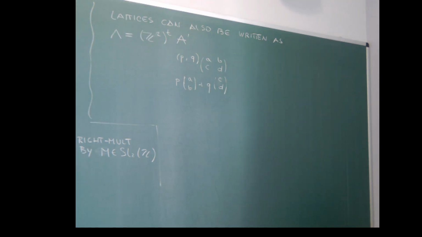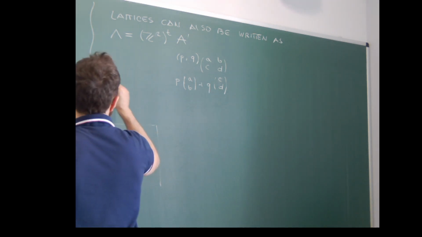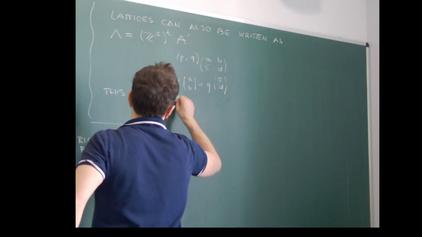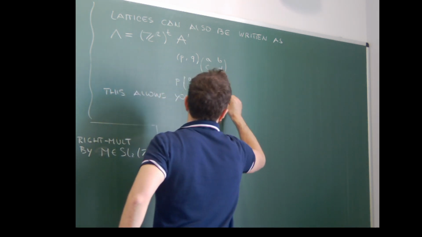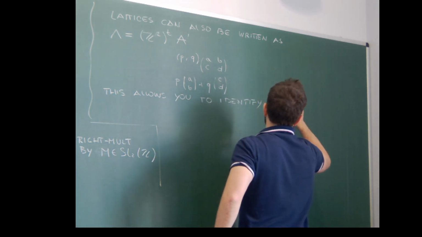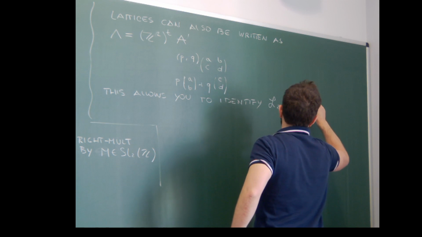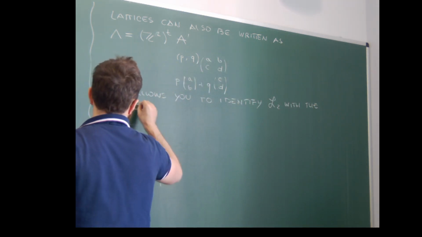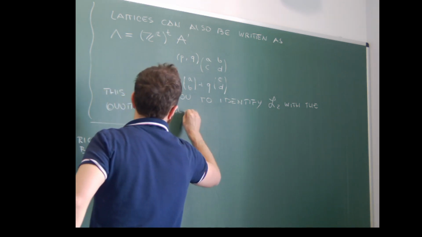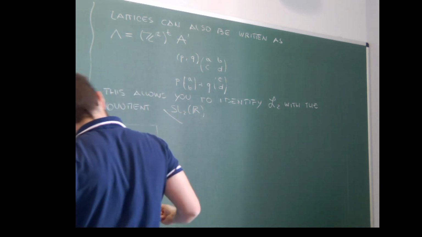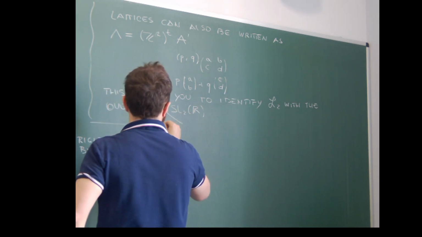And if you do it in this way, then you can see L2. So this allows you to identify L2 with the quotient SL2R modulo the left multiplication action of SL2Z.